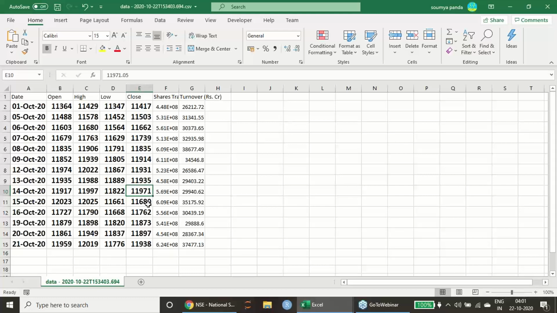Next day, Nifty has fallen. It has gone to 11,661 low, 668 low, 776 low. So post 11,971, these are the lowest points Nifty has triggered.